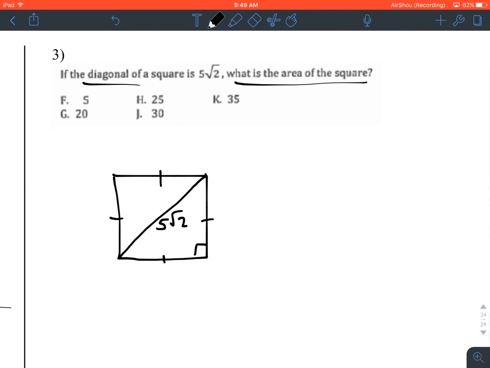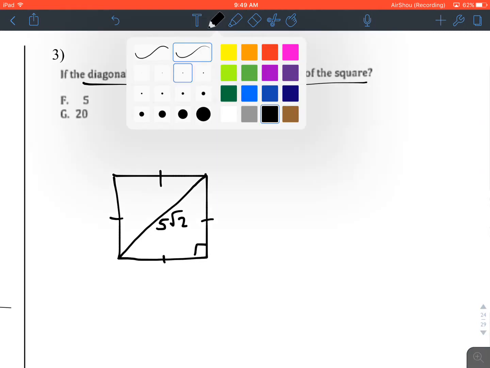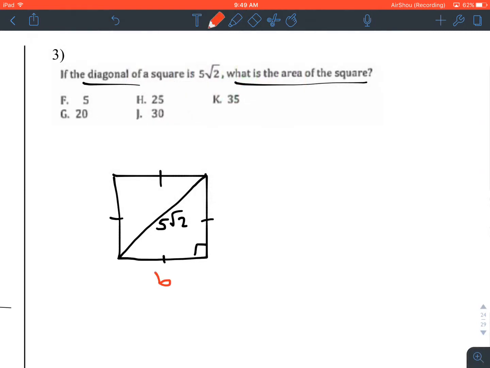What is the area of the square? To find the area, we have to know the length of the base and the height. Since it's a square, the base and the height are going to be the same value. So if you know anything about special right triangles, which we haven't talked about yet, you would know that each of these are 5. So the area is 5 times 5, which is 25.